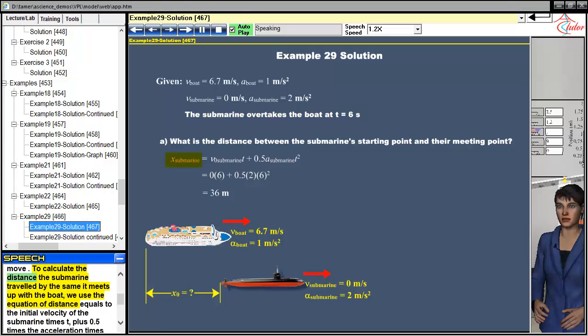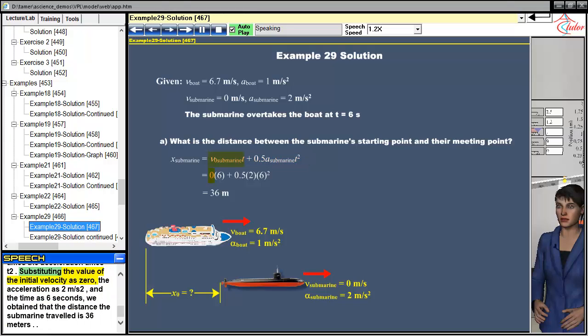To calculate the distance the submarine traveled by the time it meets up with the boat, we use the equation distance equals the initial velocity of the submarine times t, plus 0.5 times the acceleration times t squared. Substituting the initial velocity as 0, the acceleration as 2 meters per second squared, and the time as 6 seconds, we obtain that the distance the submarine traveled is 36 meters.